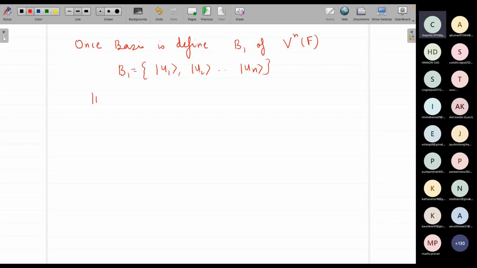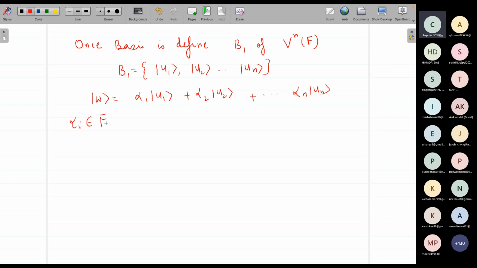Any vector w can be written as a linear combination of these, because this has to span. What are these alpha 1, alpha 2, ..., alpha n? Scalars, belonging to this field, whether real or complex numbers, right?